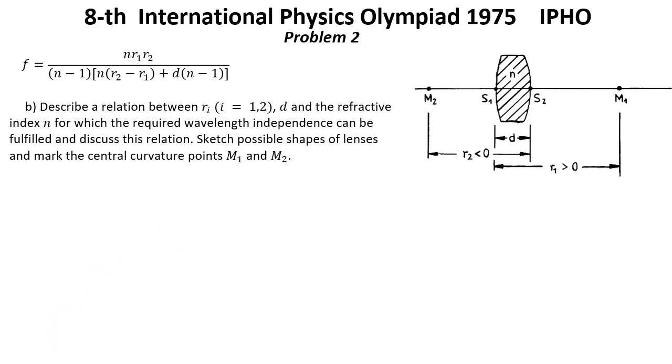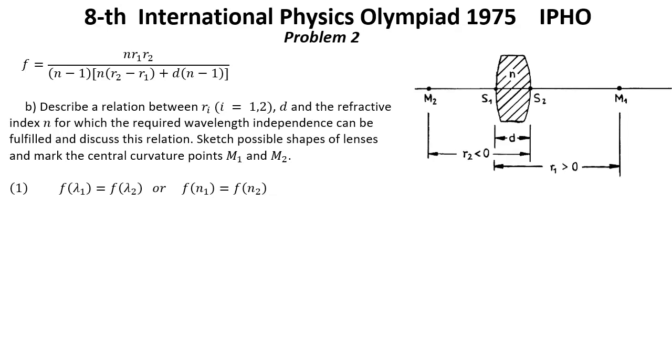Solution for question B. Describe a relation between Ri, i equals 1 or 2, d, and the refractive index n, for which the required wavelength independence can be fulfilled, and discuss this relation. Solution. If the focal length is the same for two different wavelengths, then we have f of n1 equal to f of n2.